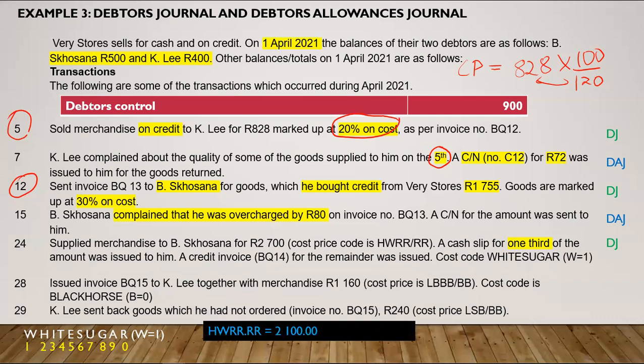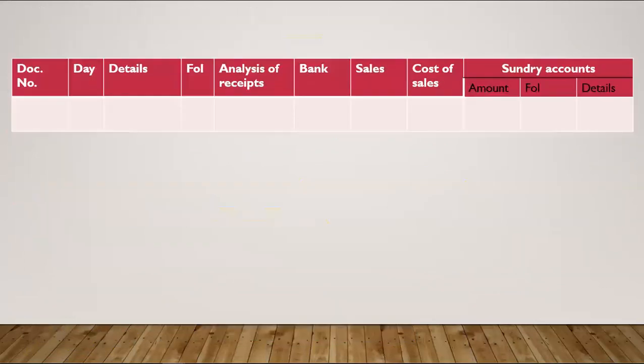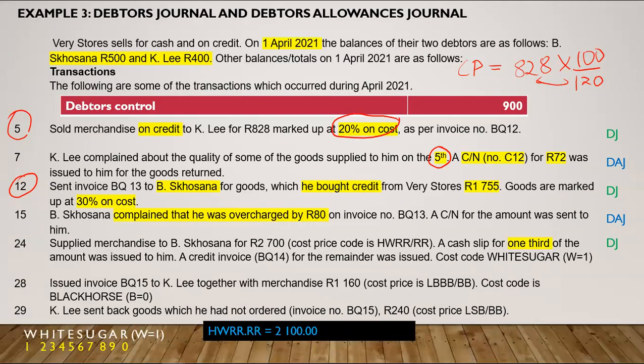Okay, but we know that 2/3 of that will be on credit, as 1/3 will be for cash.